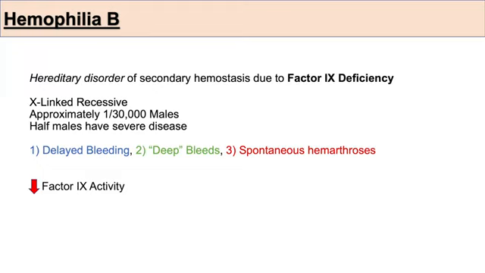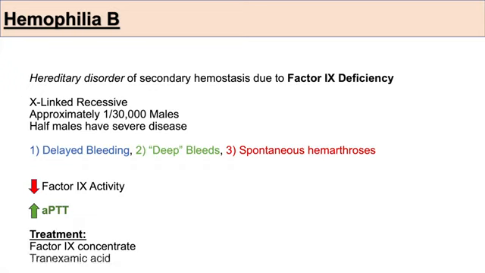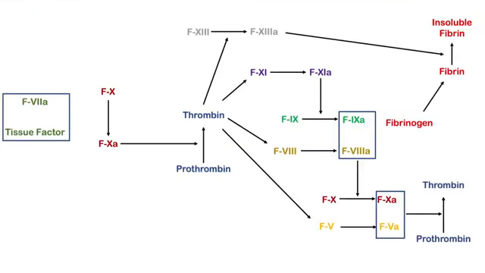Lab investigations show a decreased activity of factor IX and an increased PTT, but INR and PT are otherwise normal. Treatment of hemophilia B involves factor IX concentrate and tranexamic acid.